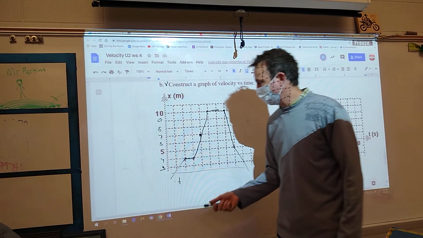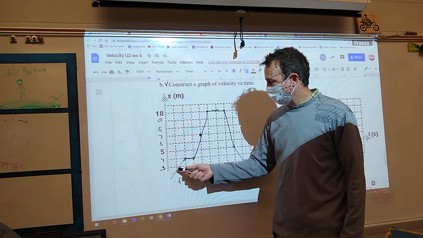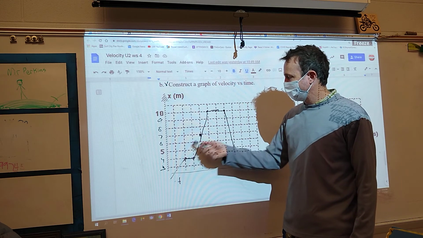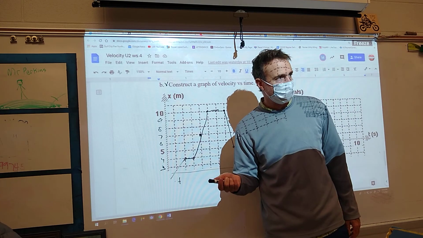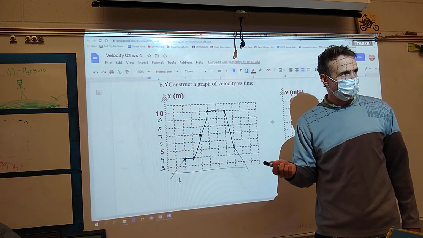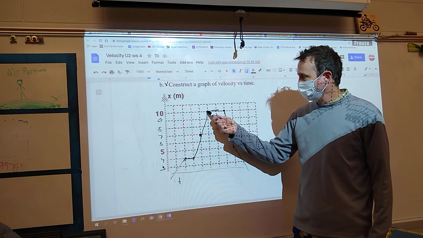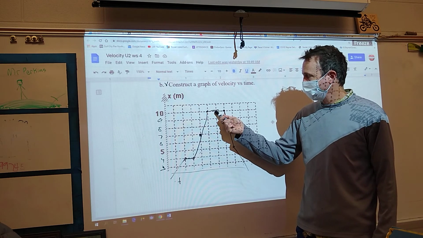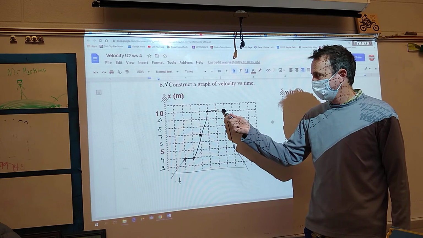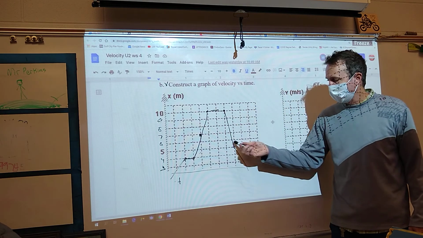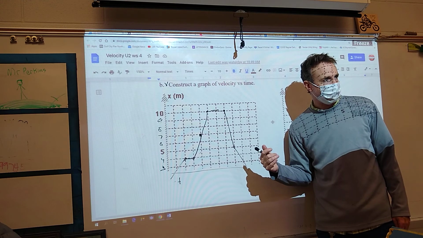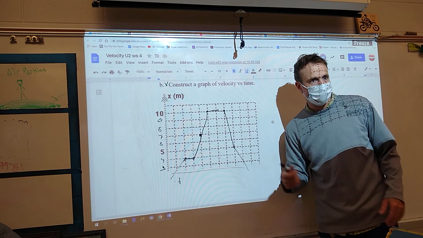If this is your distance, what do the slopes of these lines represent? The slope of the line represents the velocity. Does that make sense? And you can see at these points where it stays 10 meters away for 3 seconds, right here the car is stopped. Right here the slope is negative, so the car is returning or coming back. Does that make sense to everybody?